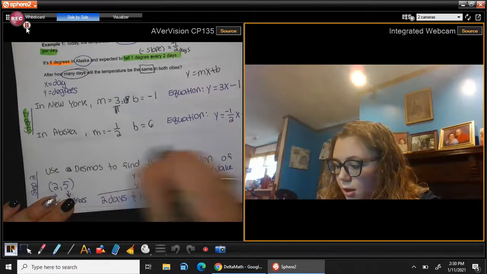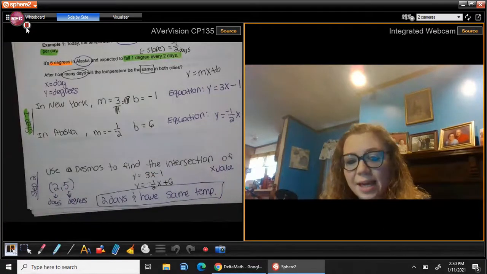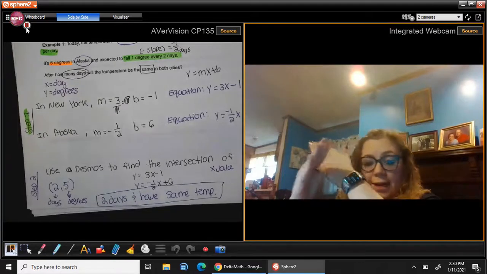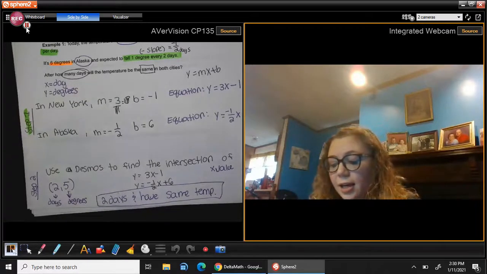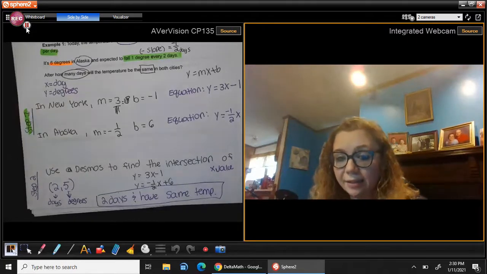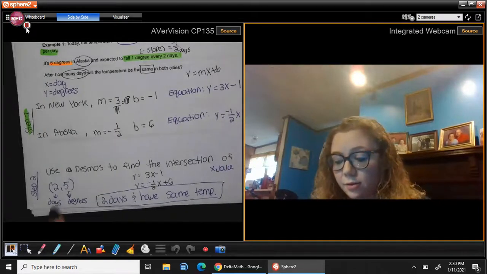Okay, so anytime we're trying to find when something's going to be the same in both cities or both situations, we're finding that intersection. Okay, and then we have to say, hey, do they want my x value or do they want my y value? Okay, because they're not asking for the coordinate pair. Okay, they want you to apply it. So it's 2 days.